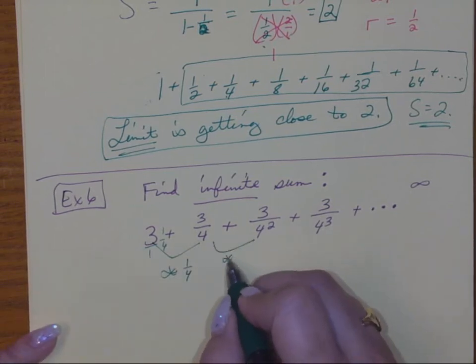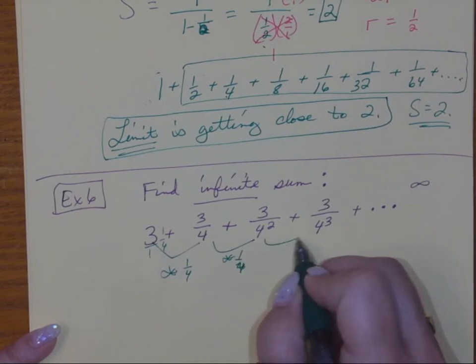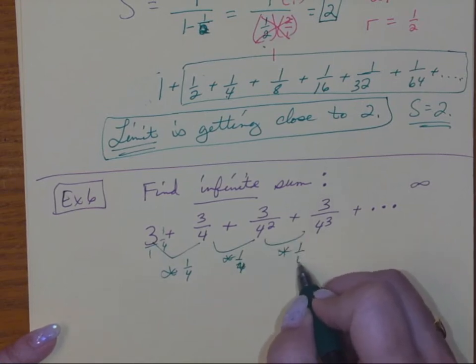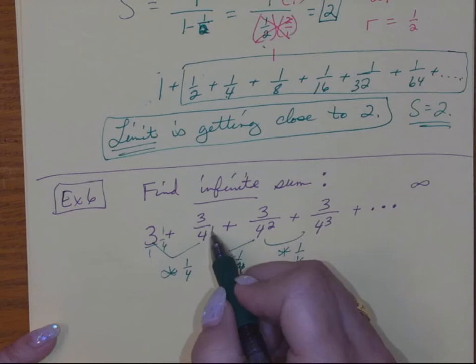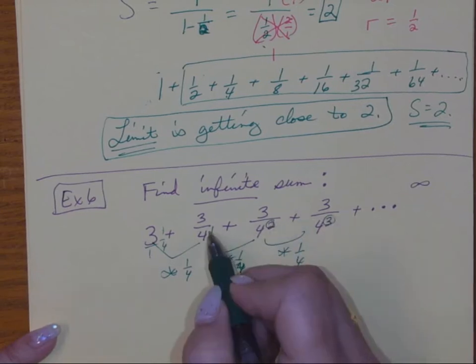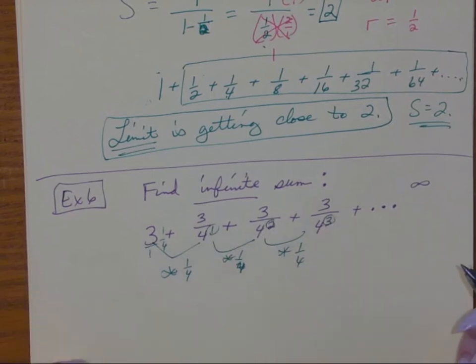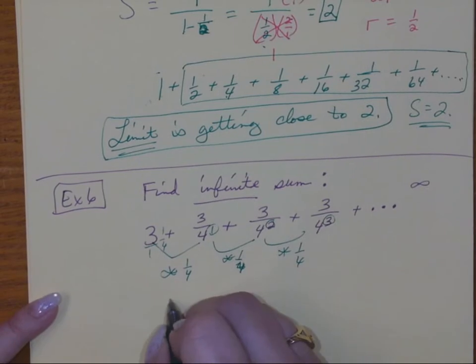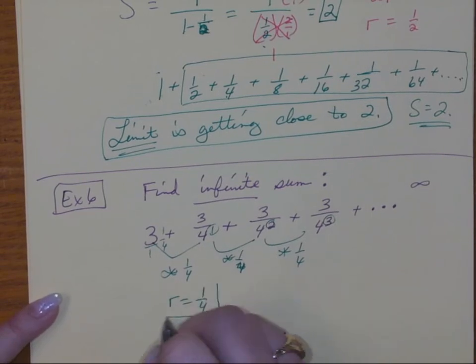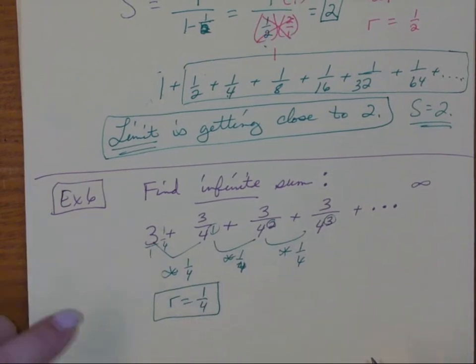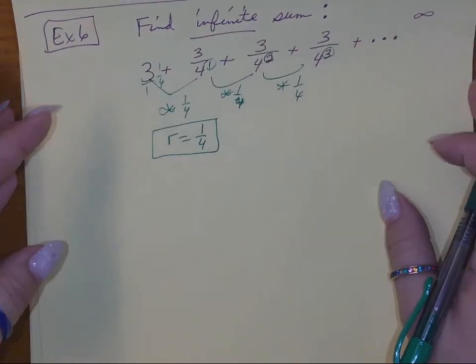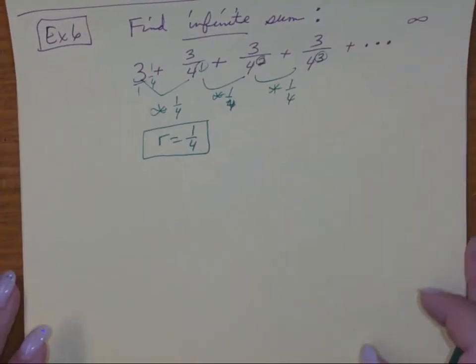And then I did times 1/4, and then I did times 1/4. And I know it's times 1/4 after that each time because the only thing that's changing are the exponents, and they're growing, so I know my R equals 1/4. That's what I know. Okay?